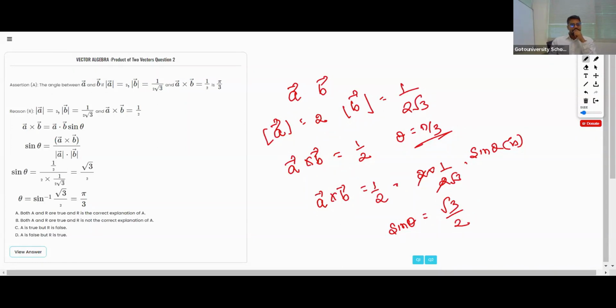If it is root 3 by 2, what is theta? Sine inverse of root 3 by 2, which is actually 60 degrees or pi by 3. That means the given reason is true as well as the assertion is true. So the answer should be option A, right?